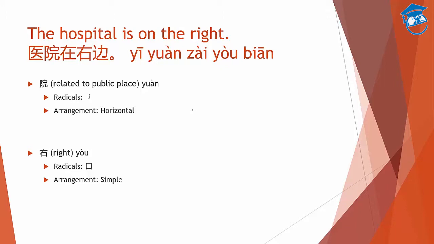The only difference is just the radical. So here's how to write 右. 5 strokes. Again, the grammar structure is very similar to the previous sentence that you have learned. It's like hospital at right side, 医院在右边.